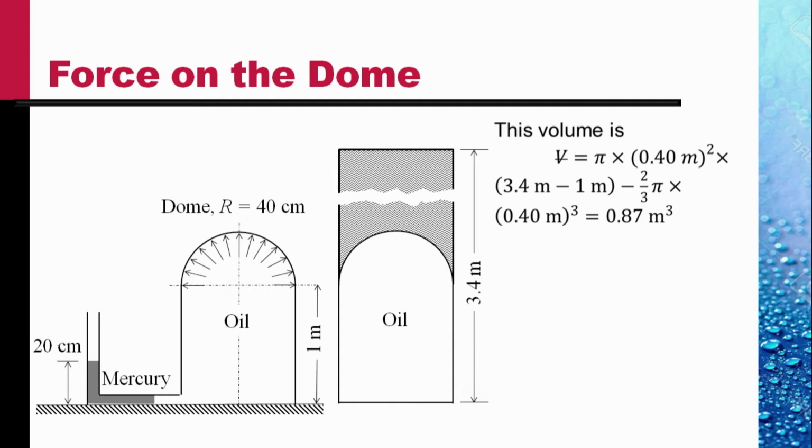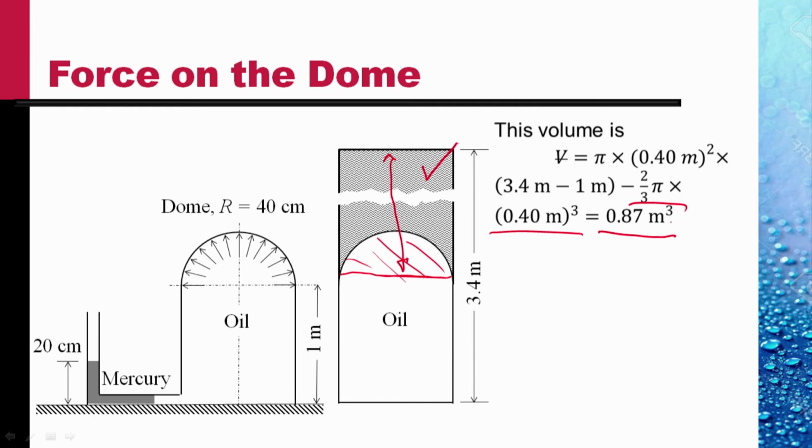This would be the volume of this cylindrical vessel. From this, I have subtracted the volume of the hemisphere where there is no oil, and so the total volume of this gray portion is 0.87 meter cube.